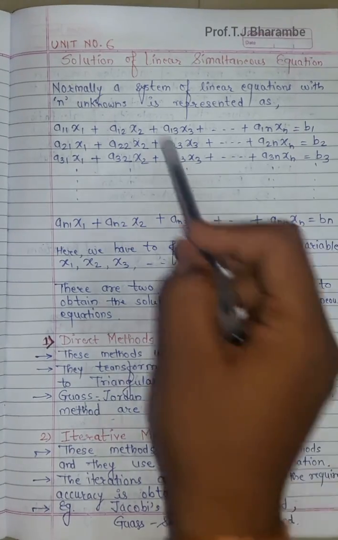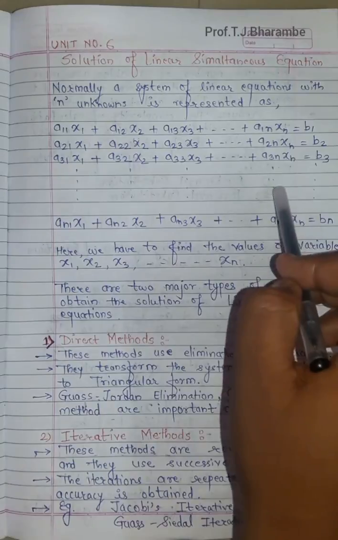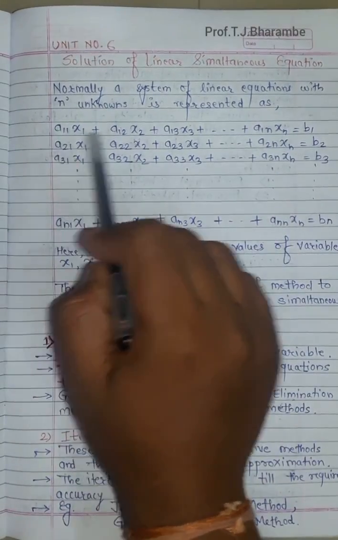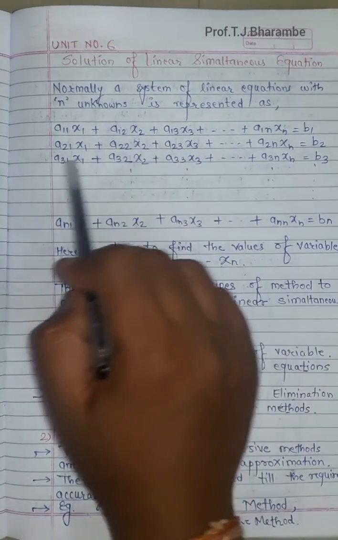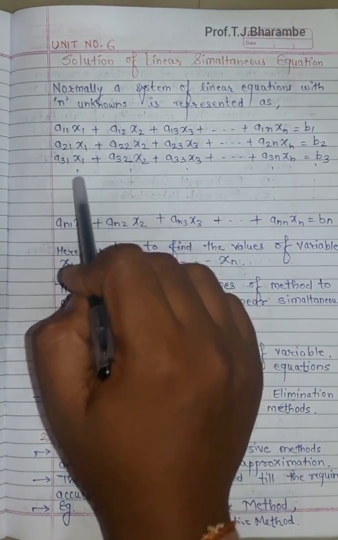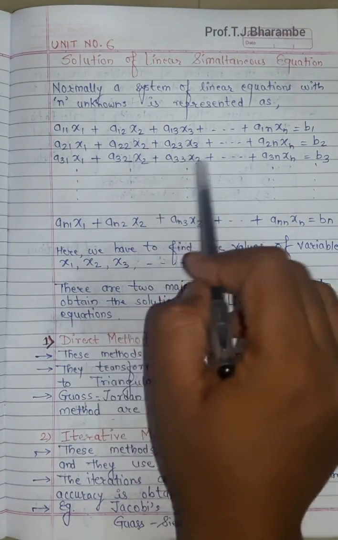We have to find the value of these unknown variables, that is x1, x2, x3 up to the n terms. And these terms a11, a12, a13, a21, a22, a23 are the coefficients of these particular variables in their respective equations.